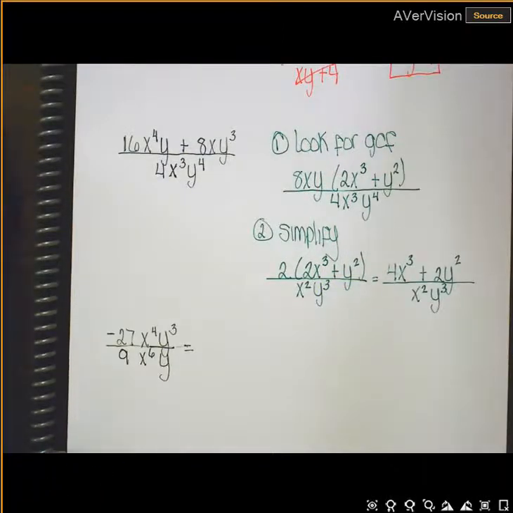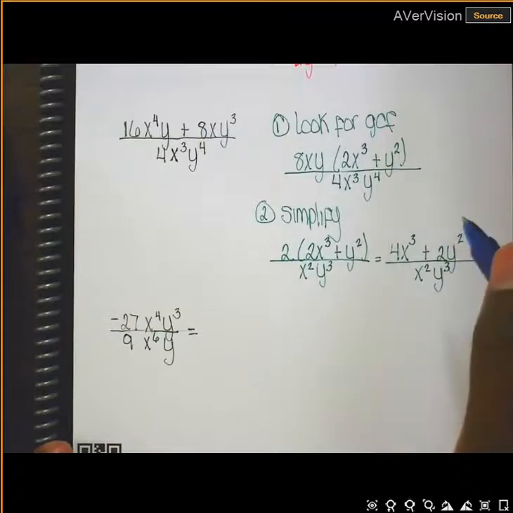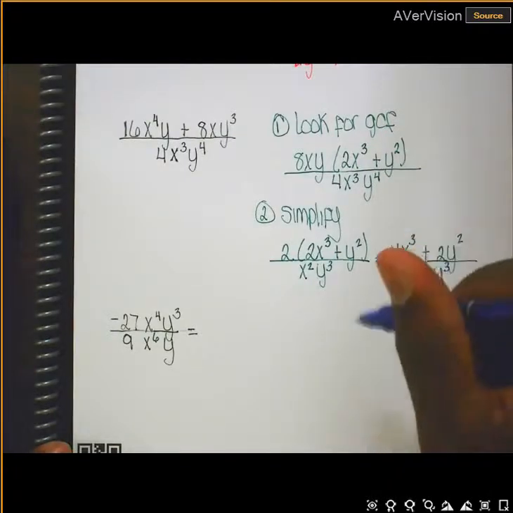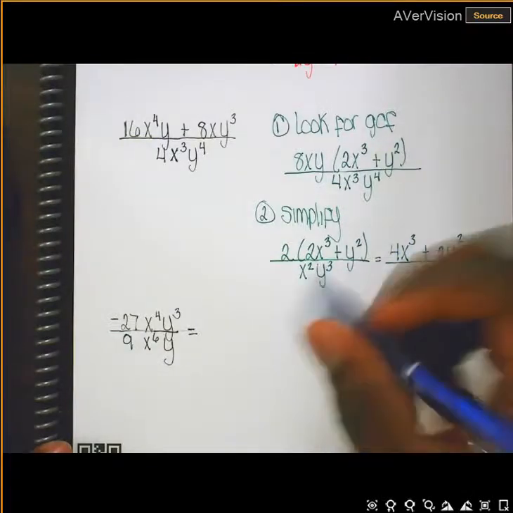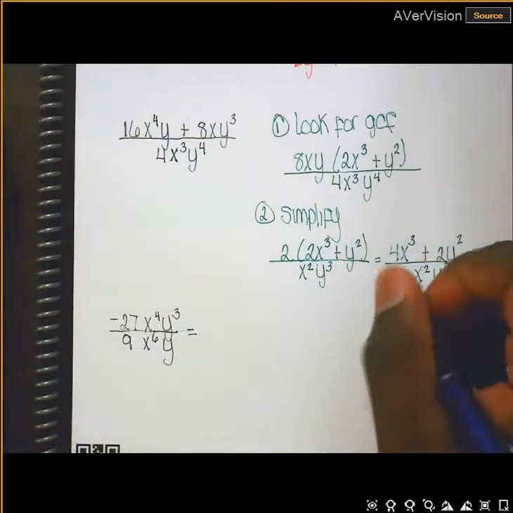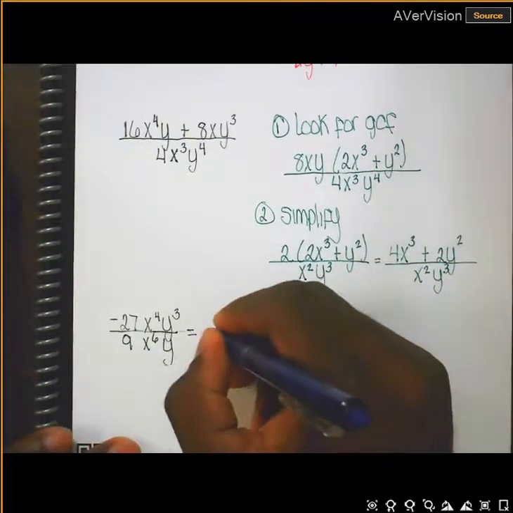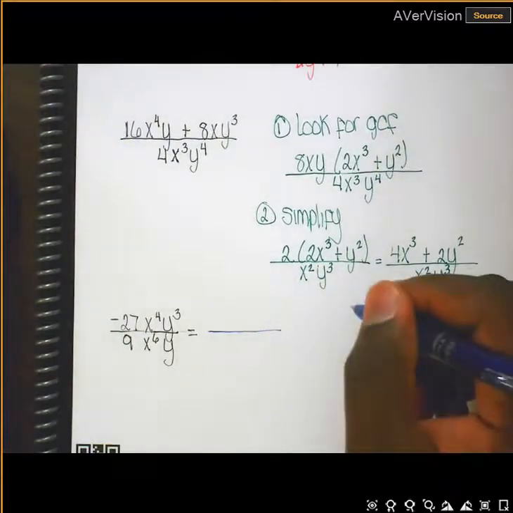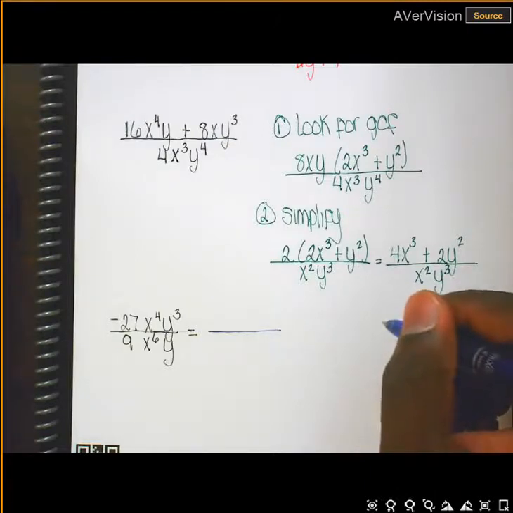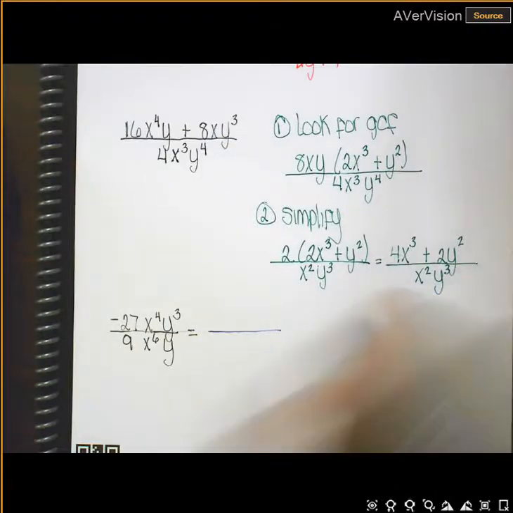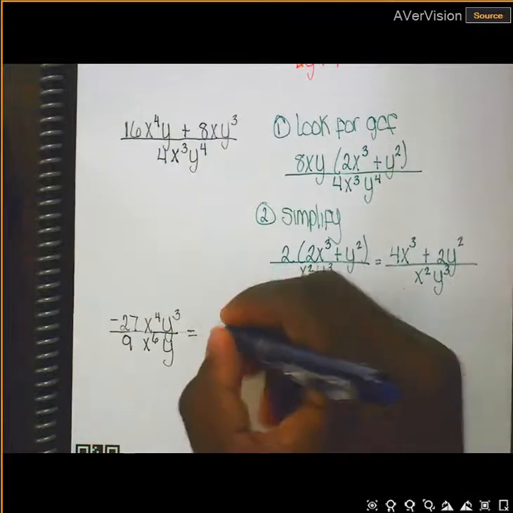You get when you divide. Start with the constant. It would be -3.